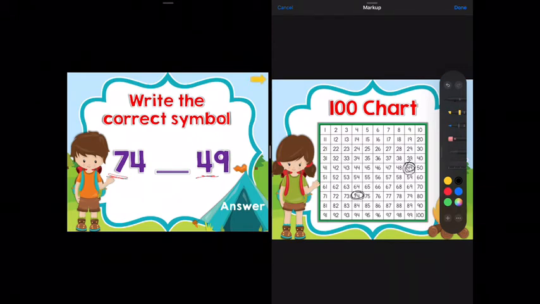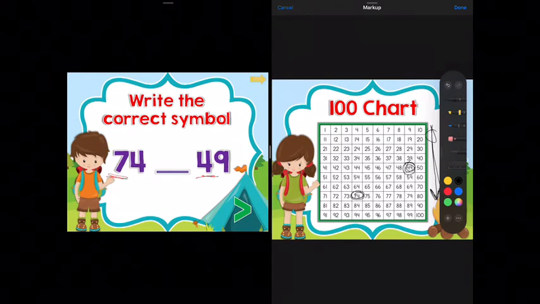And we know on the chart, once it goes down, the numbers at the bottom are bigger than the numbers at the top. So 74 is at the bottom below 49. So 74 is greater than 49. Now remember, if the number is greater than, the alligator mouth is eating it.